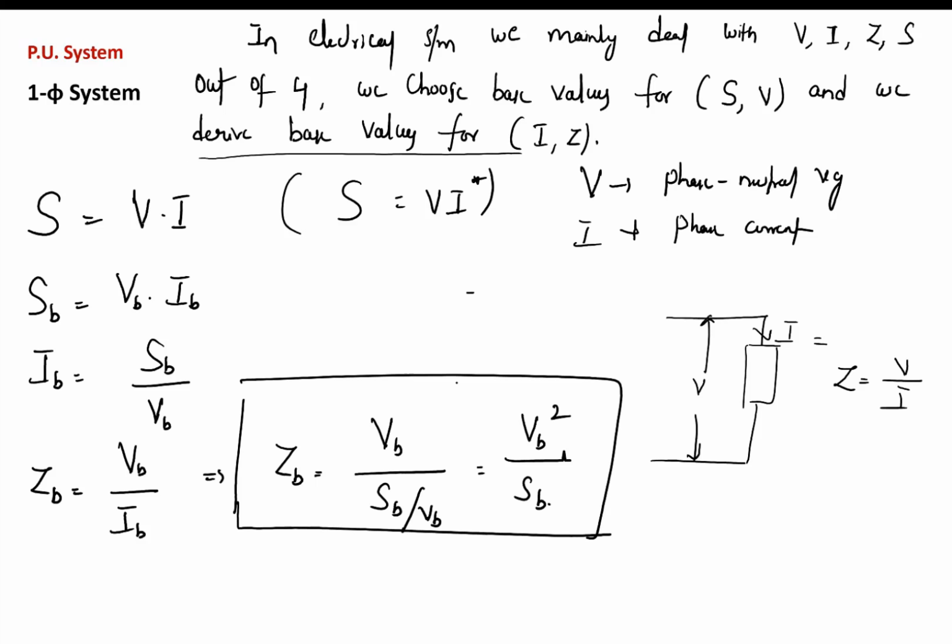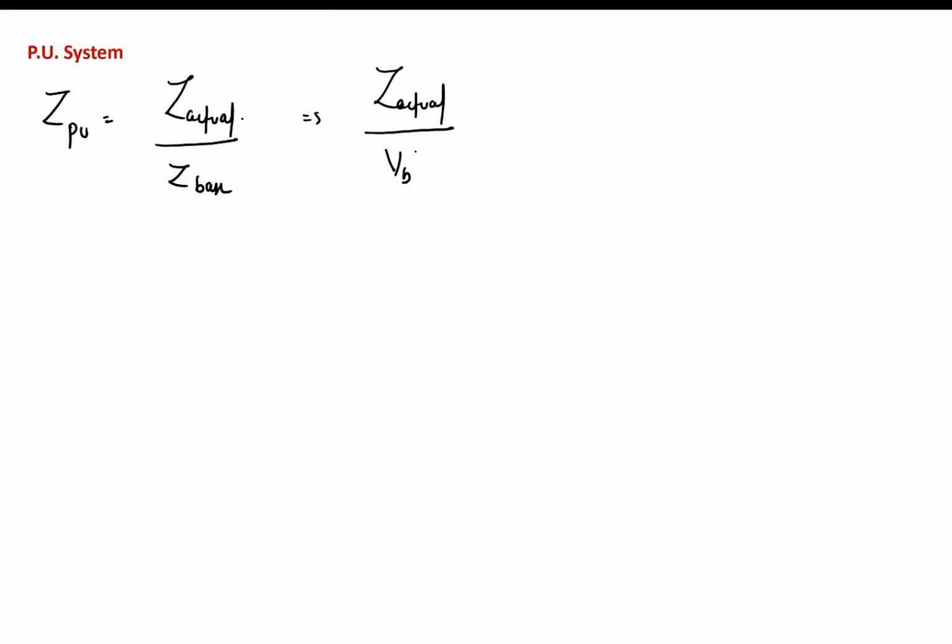Second, Z per unit is given by Z actual divided by Z base. Which is equal to the actual value of impedance divided by the Z base value. From this relationship, Z base equals VB square by S base, that is V base square divided by S base.